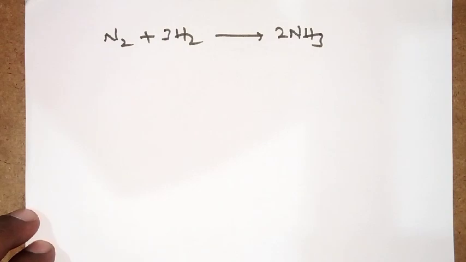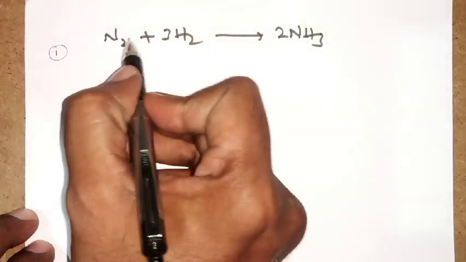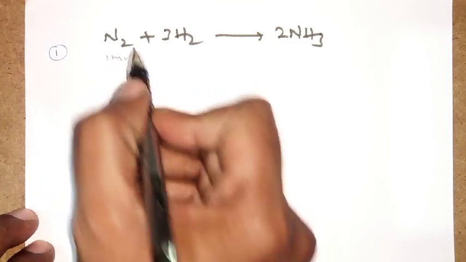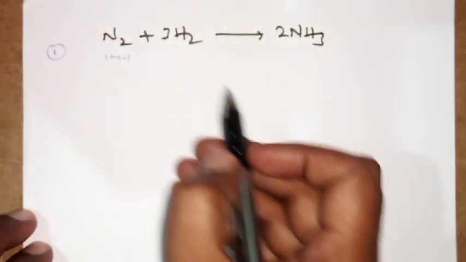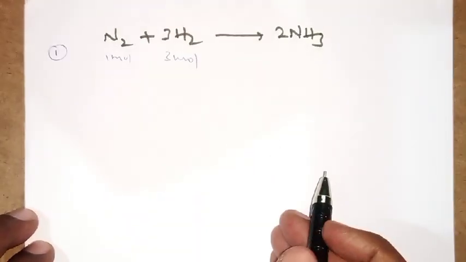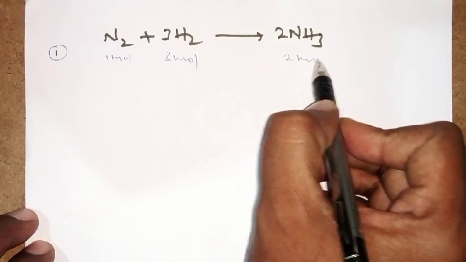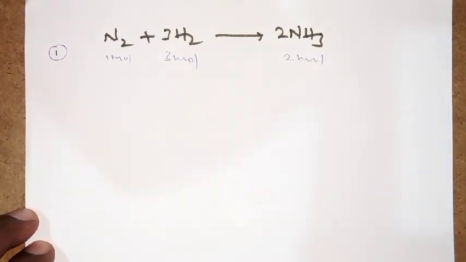So if you apply the mole and its analysis, observe here. First step, what we can express? See there, 1 mole of nitrogen reacts with 3 moles of hydrogen. Is it okay? Gives 2 moles of ammonia. This is the first way.